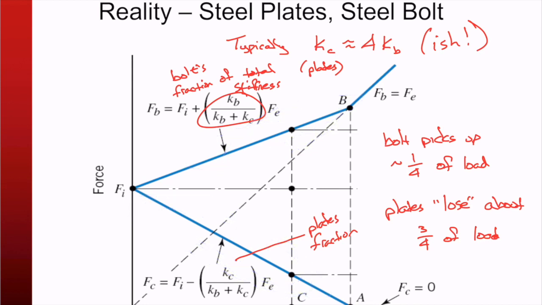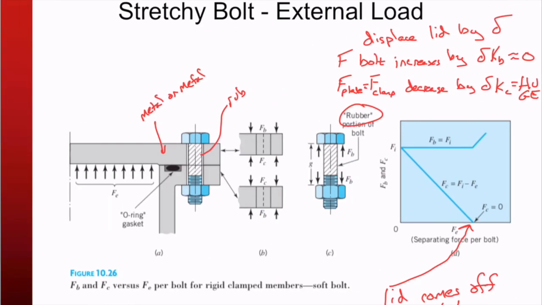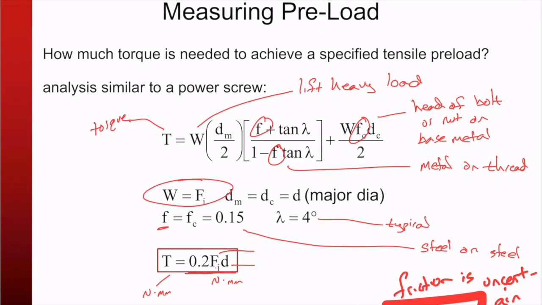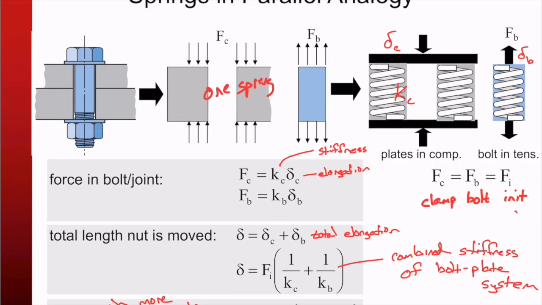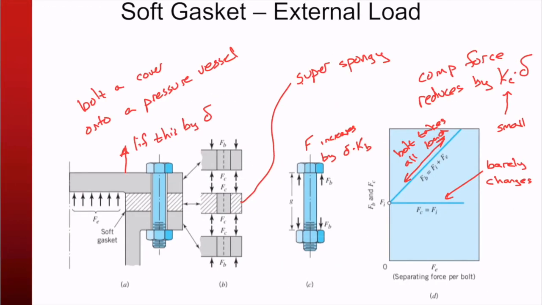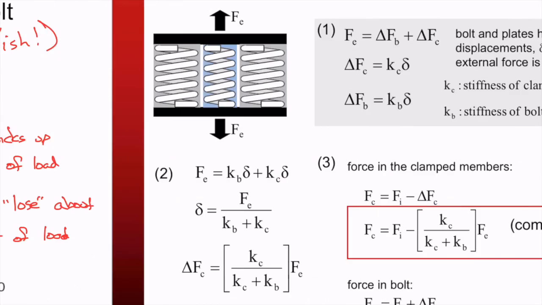The fact that the bolt doesn't pick up that much of it allows me to go back here and say I can preload a bolt by quite a bit. I can get it really close to yielding, and as long as the bolt is pretty stretchy relative to the plates, I'm not in too much danger of damaging or yielding the bolt. So I think that's a pretty neat relationship between how these springs and fasteners and different materials work together.